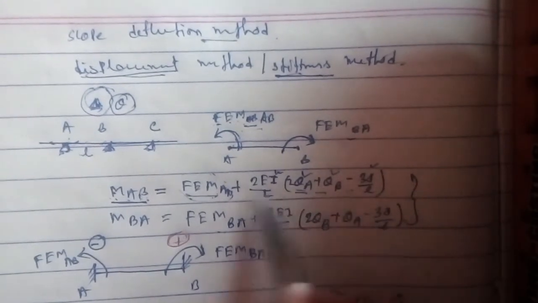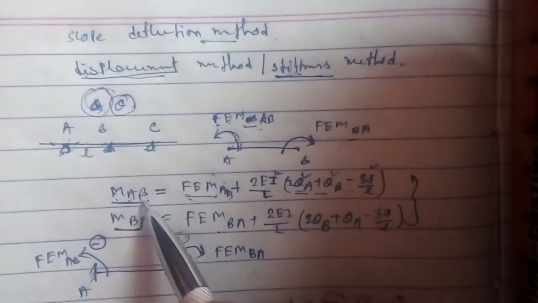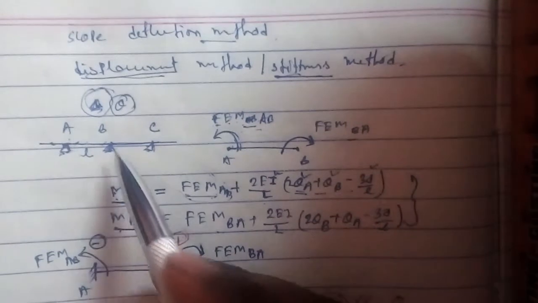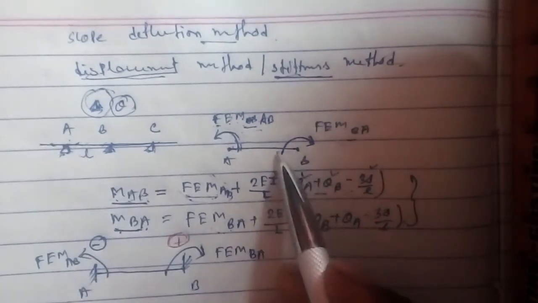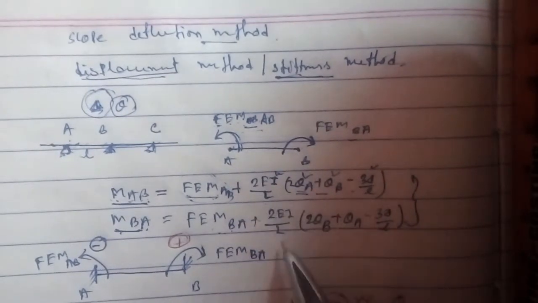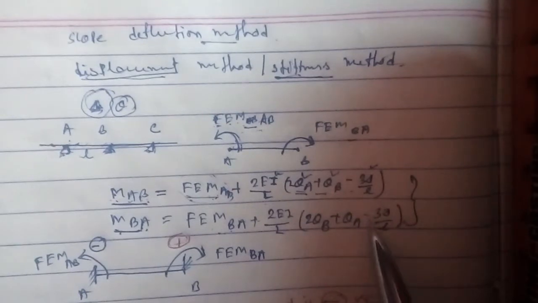And in the case of MBA, from B to A, it is FEM BA, the fixed end moment from B to A, plus 2EI by L times (2 theta B plus theta A minus 3 delta by L).